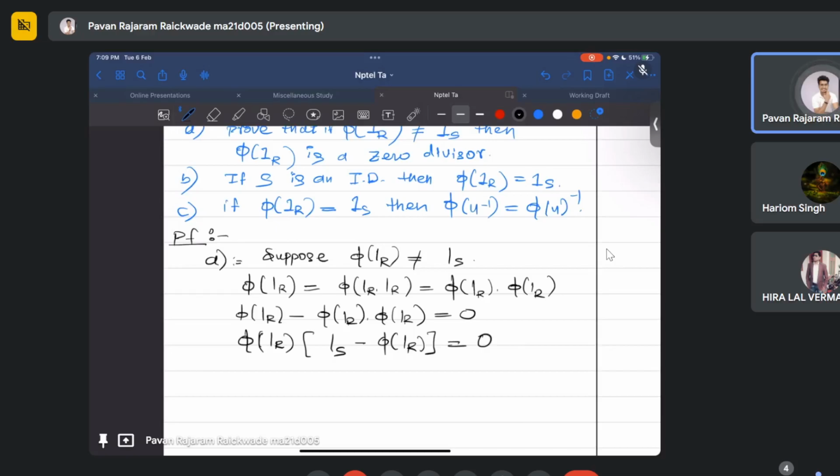This is 0. So what I know is this is non-zero, since phi 1R is not the same as 1S. And this is also non-zero, because if the identity goes to 0, then every element will go to 0, and it's a non-zero map. Hence phi 1R is non-zero, and this is non-zero, which means phi 1R is a zero divisor.